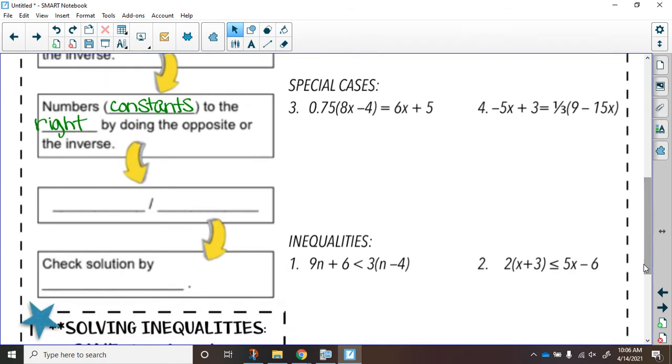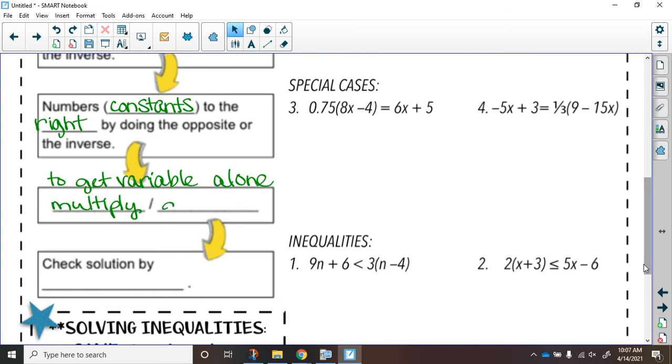And finally, to get x, or to get our letter, our variable, alone, we are going to do the opposite, which is multiply or divide.